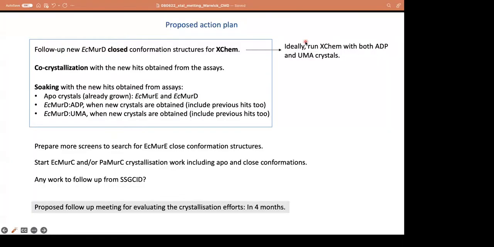So I guess I have two things. The first one actually is, I think you and Jan and SSGCID should be thinking about a publication. I know Bart and SSGCID are always keen on this: they generate all these structures and then no one picks them up and publishes them. They get deposited in the Protein Data Bank, but don't get published in a peer-reviewed journal. And I think now you've collected quite a few new Mur ligase structures.